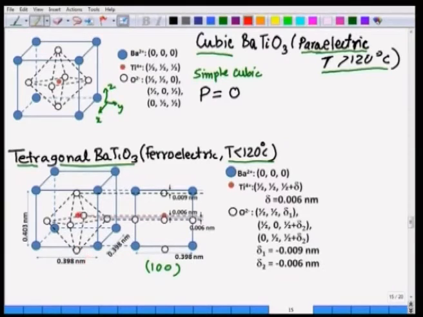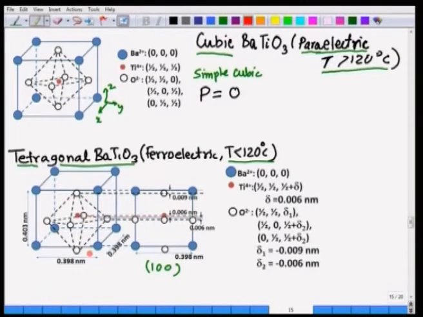Now, if you look at the titanium atom, this particular titanium atom with respect to this blue center line has slightly moved up. This arrow shows the spacing between the blue line and the red line, and this titanium atom has slightly moved up by 0.006. So, that is what has happened in this barium titanate structure.